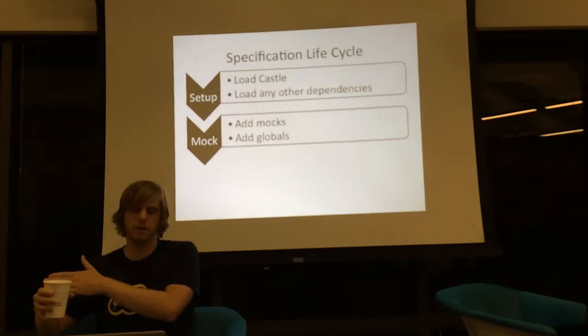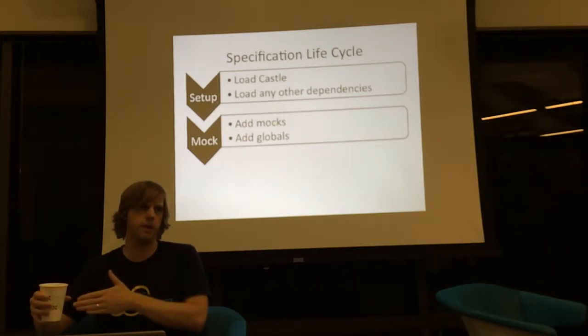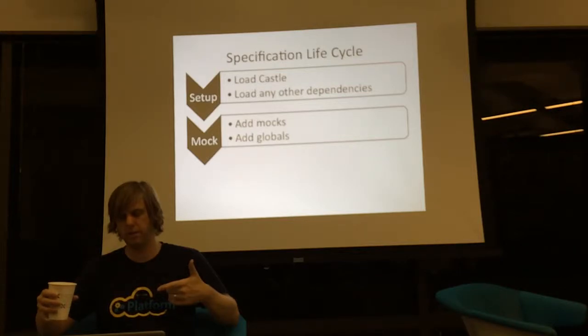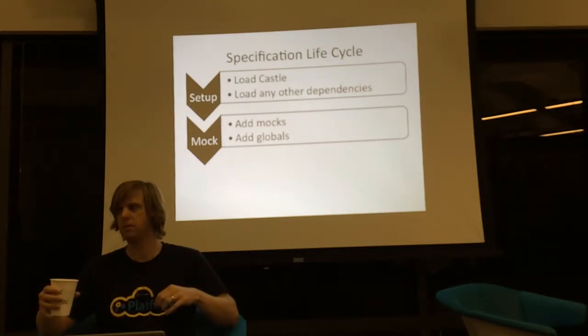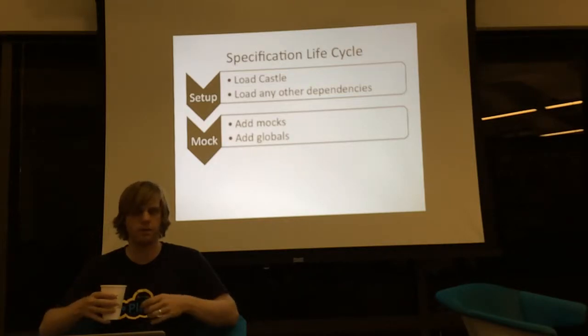It's hard to find out who broke that global object that's breaking all the other specs. So you can now mock these global objects very easily. Each time a specification loads, it blows away the old global, so you get a clean copy, and you're never corrupting the global object and breaking specs down the line.